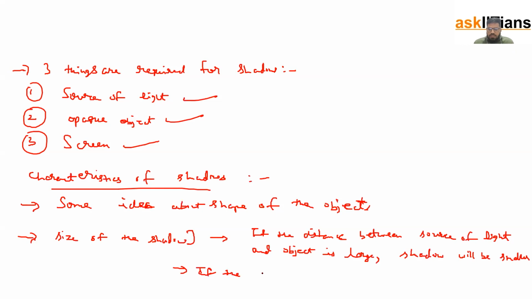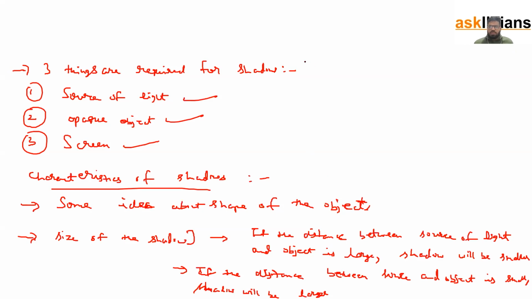If the distance between source and object is small, the shadow will be larger. Okay, so these are the two properties we have already seen.